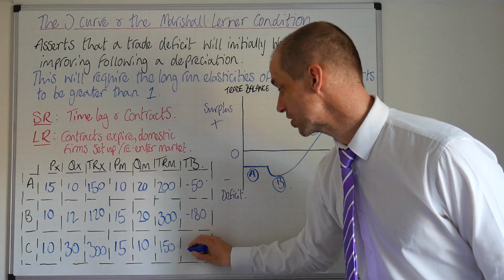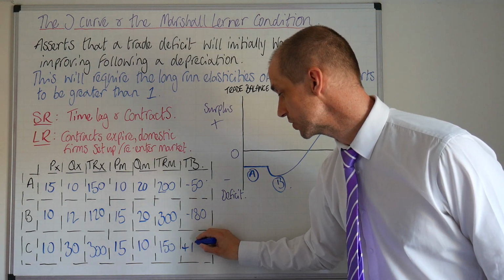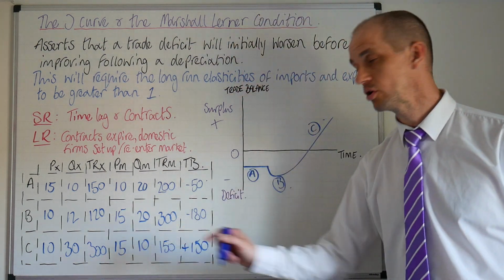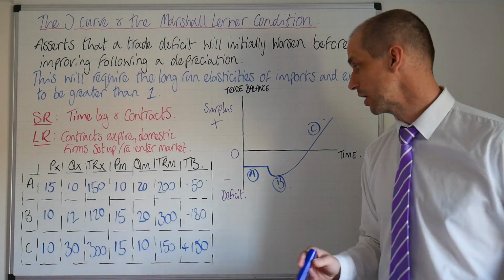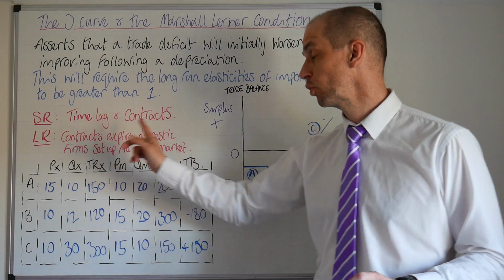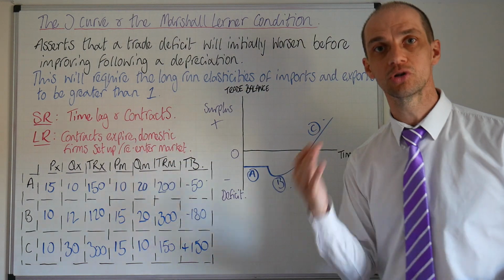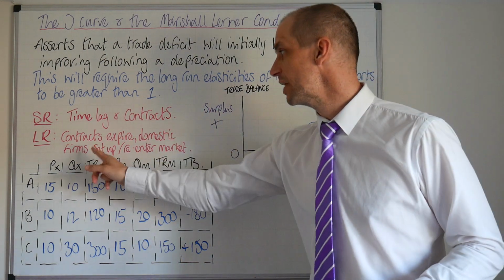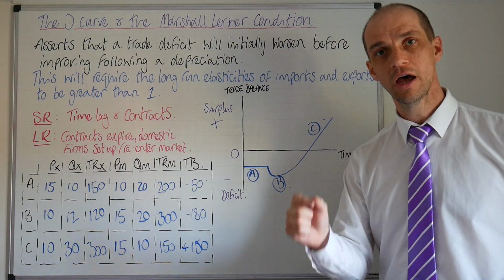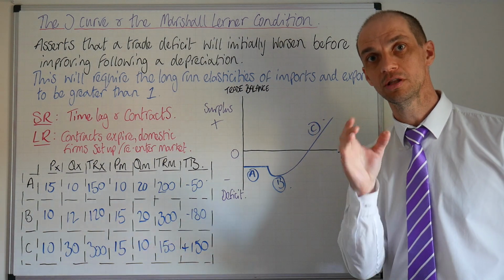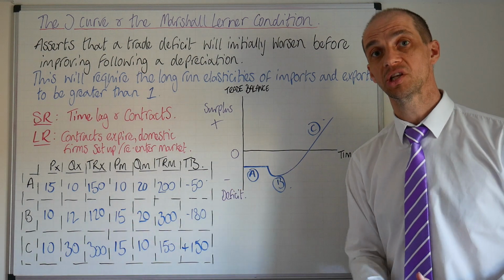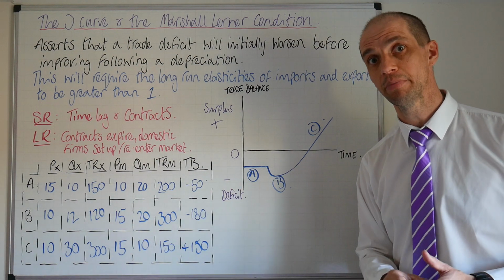So we are now positive 150, because we have 300 minus that 150, so we would now be at point C. At point C, we're in the long run, the contracts have expired, the domestic firms have set up or re-entered the market, and perhaps businesses and consumers in the domestic economy have adjusted to buy more domestically produced goods because they're more price competitive.